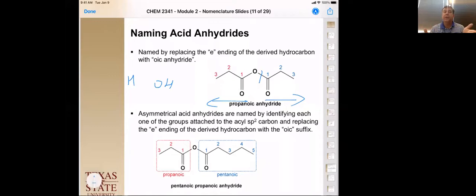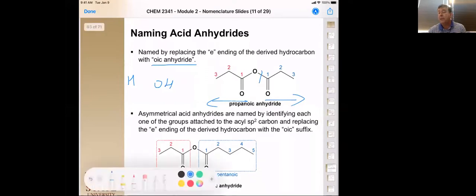And so that's why we call it an anhydride. To name this, because it's still a carboxylic acid but has lost water, we call it an oic anhydride. So instead of hexanoic acid, it's going to be hexanoic anhydride, signifying that you actually have 2 of them linked together.